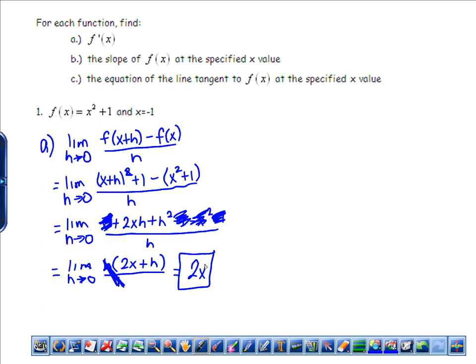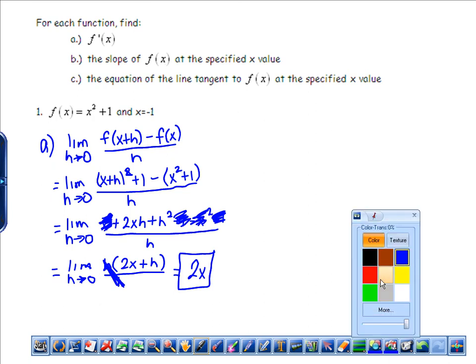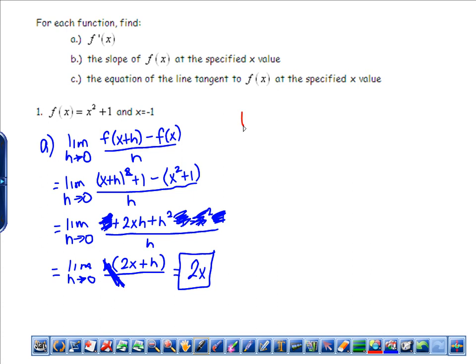This function right here, it's a whole new function. This is describing the tangent line at any given x. So what we're going to look for in part B is finding the slope of f of x at the specified x value. Okay, so to answer part B, we're going to take our derivative and plug in our x value.